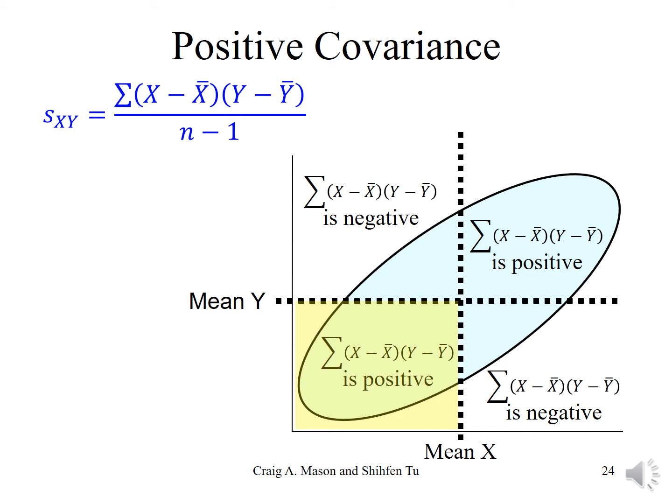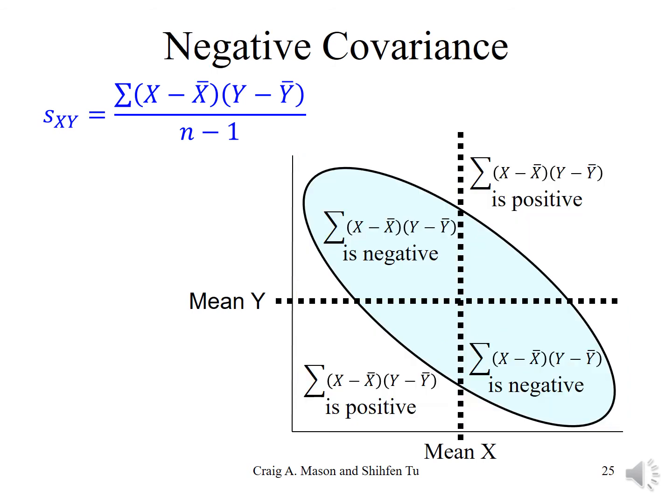At the same time, given a positive association, we would expect to see fewer scores in the quadrants where one score is above the mean and the other score is below the mean. In both of those cases, the cross product is negative, so we would see fewer negative cross products. As a result, the value of the covariance will be more and more positive the stronger the positive association.